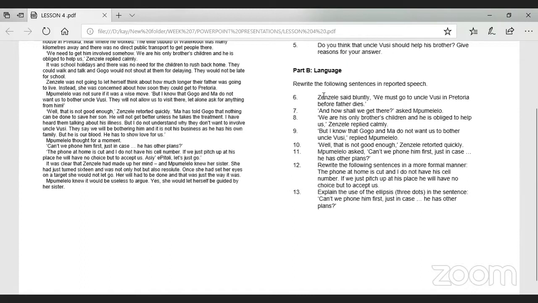Basically, you just have to rewrite the following sentences in reported speech. As you can see right now, they are in direct speech, so you have to change them to indirect speech. Okay, I'm just going to give you a few minutes to do that, and then we are going to mark it together.